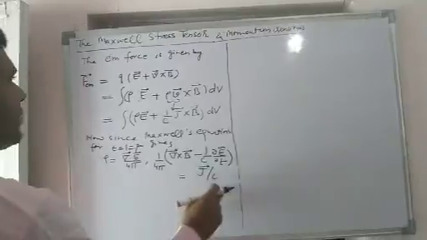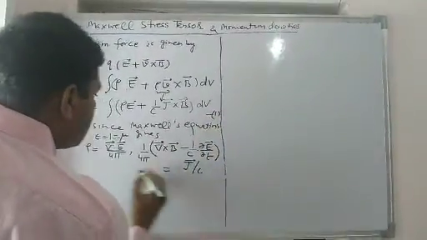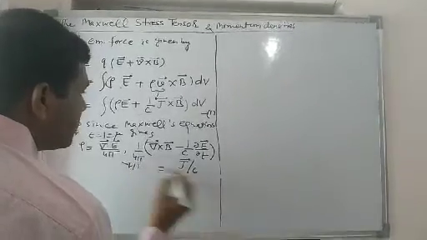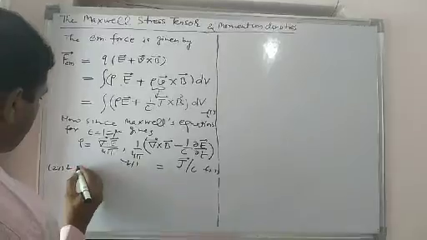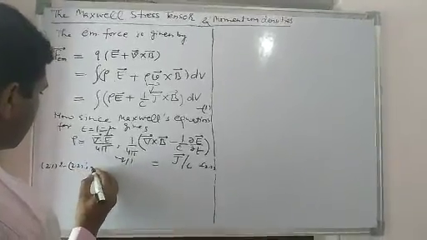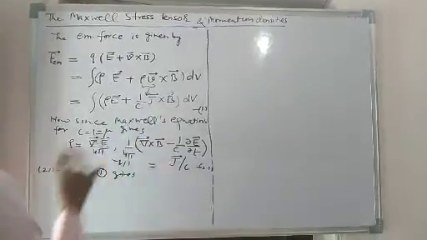So let's put these values into equation number 1. So this is 2.1, this is 2.2. So 2.1 and 2.2 in 1 give the following.